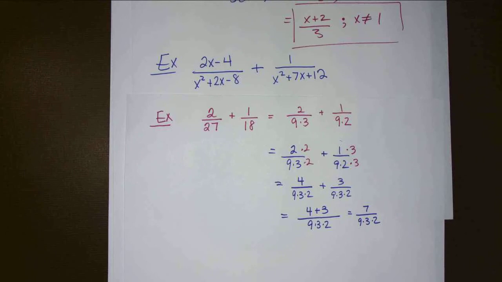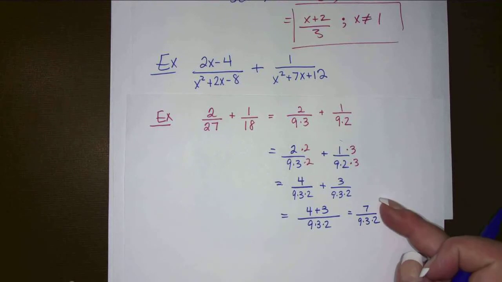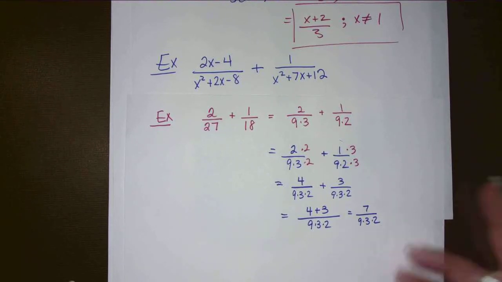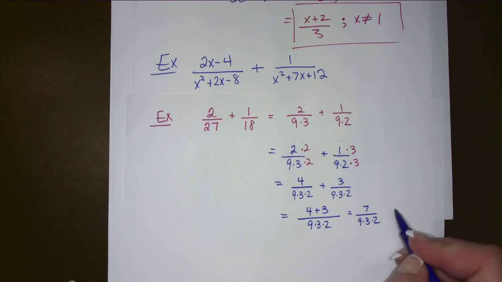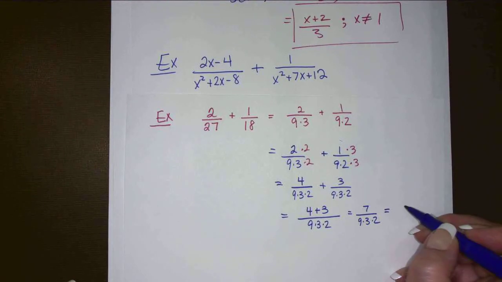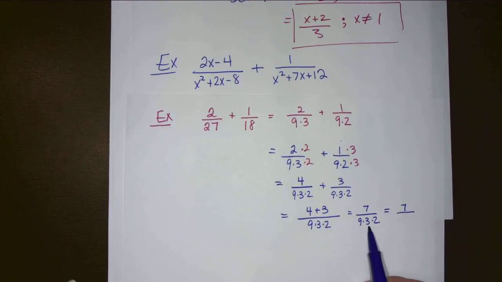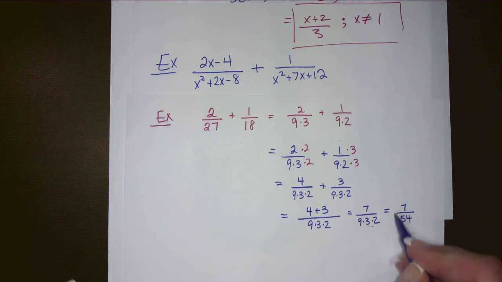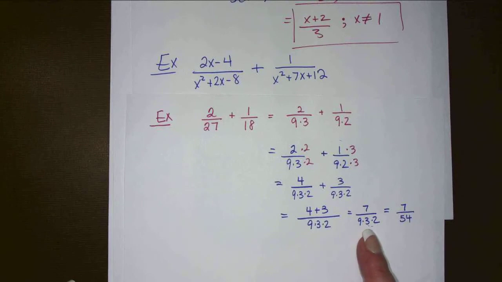Does something cancel? No, because that's a 7, and there's no 7. So nothing cancels, so I could just work it out. What's 9 times 3 times 2? 54, yeah. I would do it as 6 times 9. And we are confident that that's reduced as far as we can go because we already saw that there's no common factor in top and bottom that can cancel.